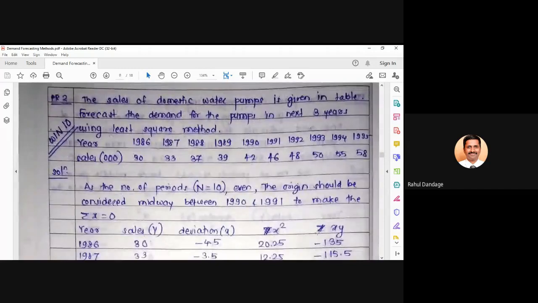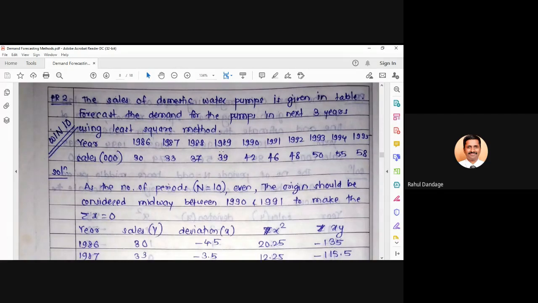Similarly, if we go to the second problem, here we have certain years and the sales in terms of thousand. Again, there is no direct relationship between the value of year and the corresponding sales. Sometimes the year is increasing but the sales are decreasing.